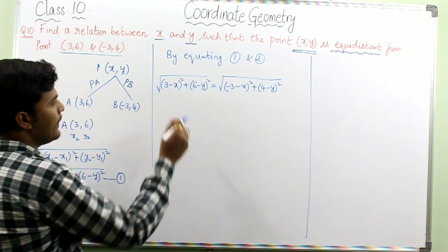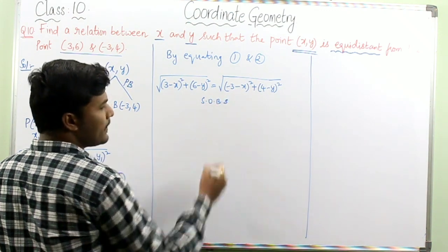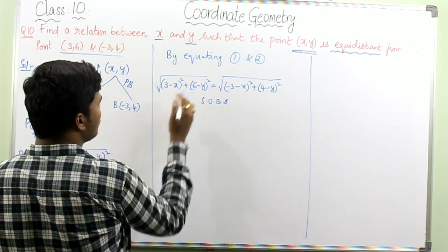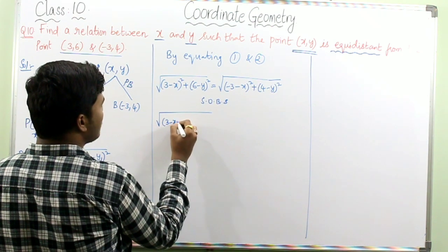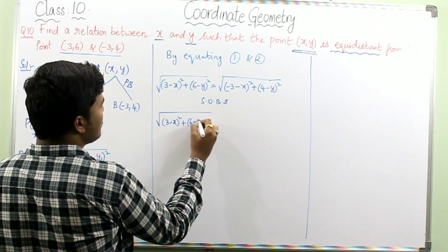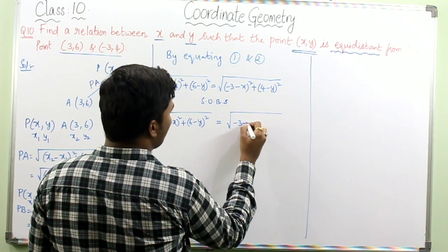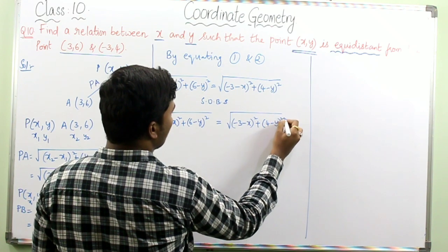Okay, so now in order to eliminate these square roots, let us square it on both sides. When we square it on both sides, the roots get cancelled.